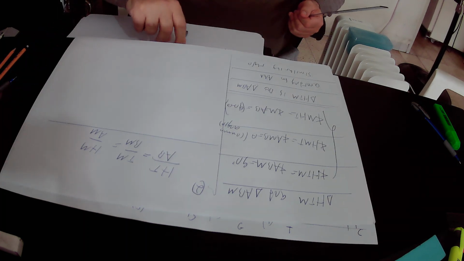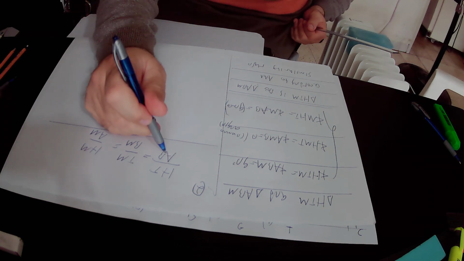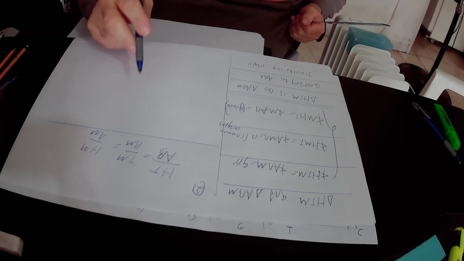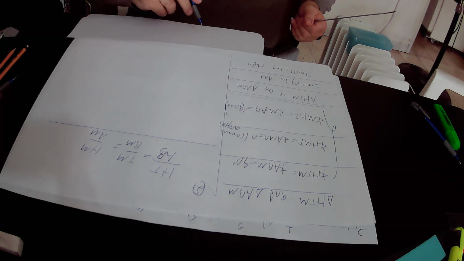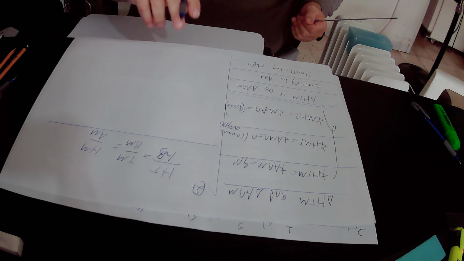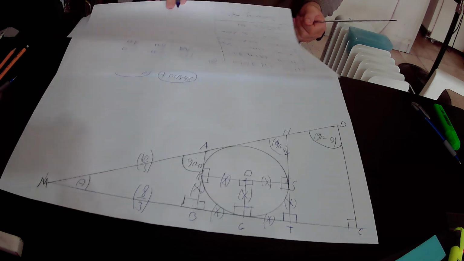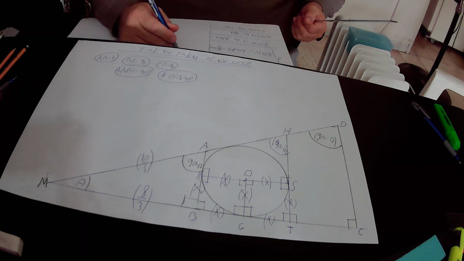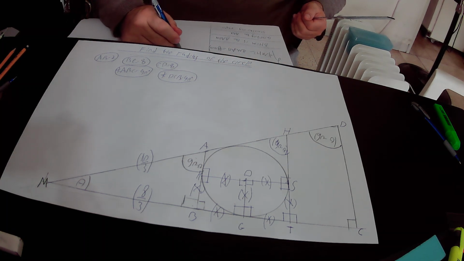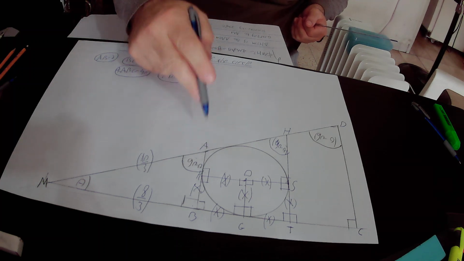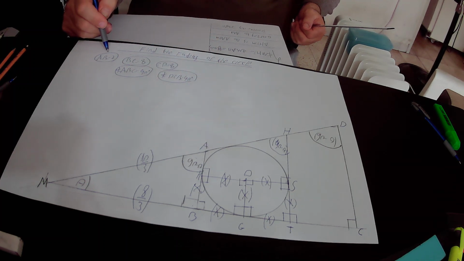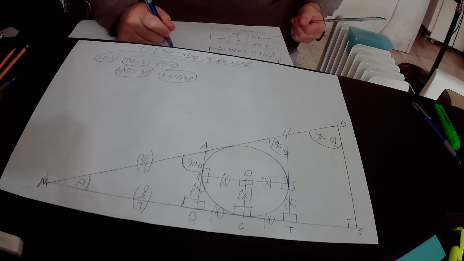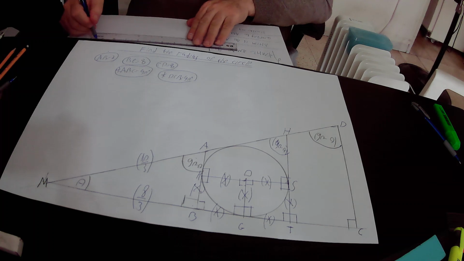We found out that HT over AB equals TM over BM equals HM over AM. HT is the missing side, so we'll leave it as it is, over AB. AB equals 2 units in its length according to what is given, so we will substitute AB by 2.